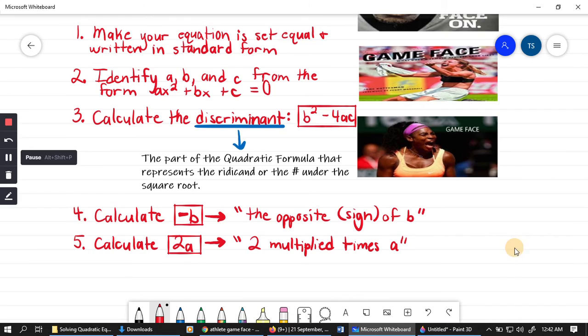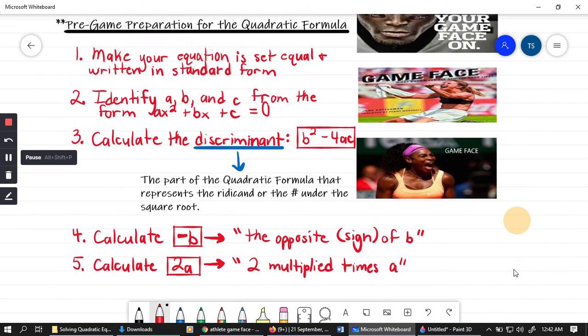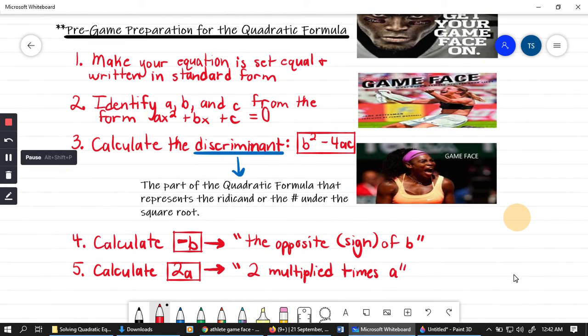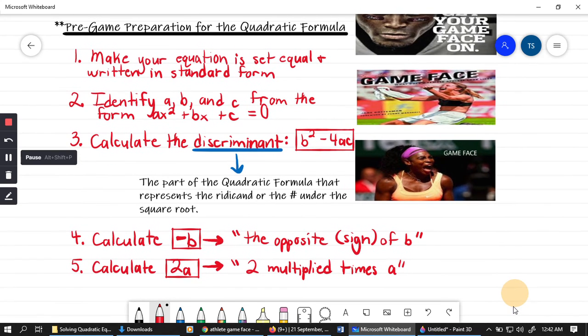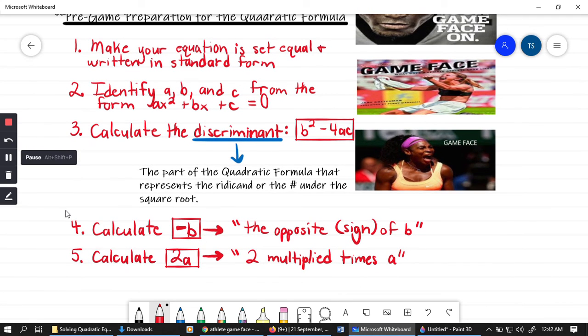But depending on what that actual number is up under the square root, it can tell us certain things about the quadratic equation, and certain things about the solutions.